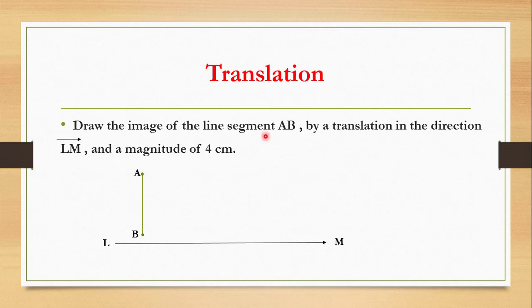Draw the image of the line segment AB by translation in the direction from L to M, and a magnitude of 4 centimeters.